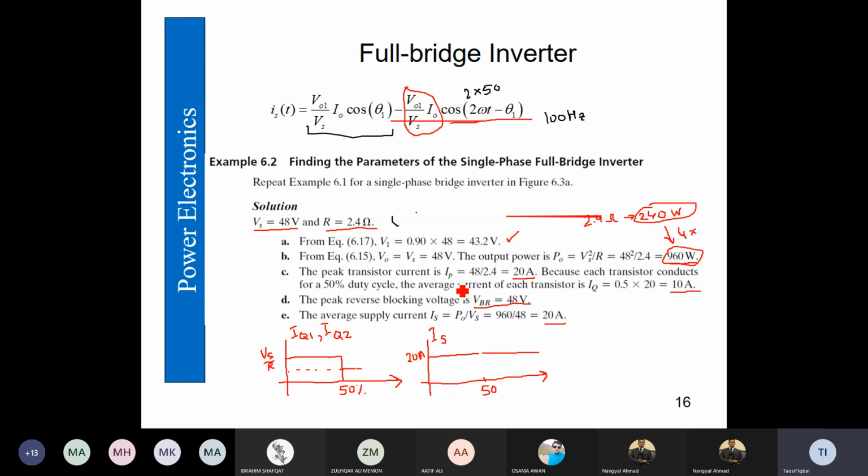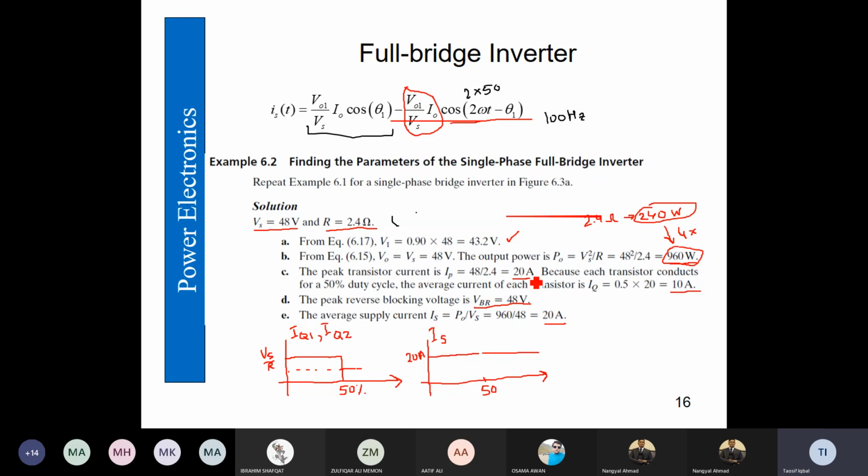So if we are going from half bridge to full bridge, we cannot use the same half bridge inverter, because there we had a peak current of 10 amperes. In half bridge, the switches are selected at lower current rating as compared to full bridge inverter.